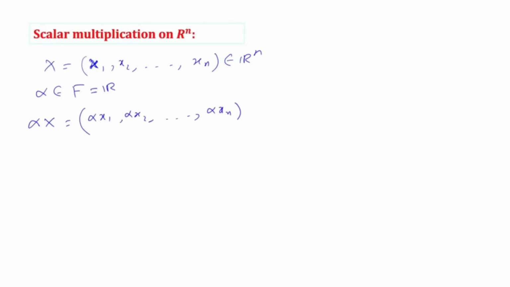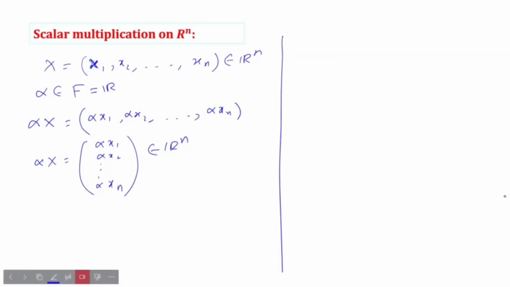That is, each component of the entries of x will be multiplied by alpha. If we write it in column form, then it can be written as alpha x1, second row alpha x2, and then nth row alpha xn.